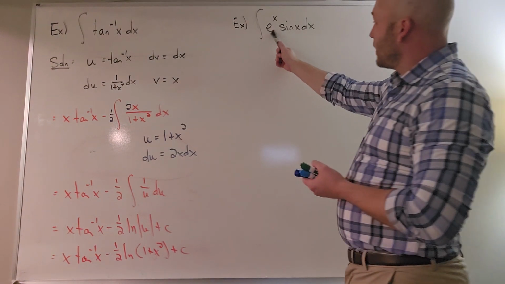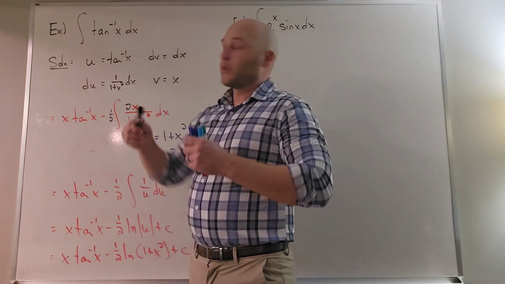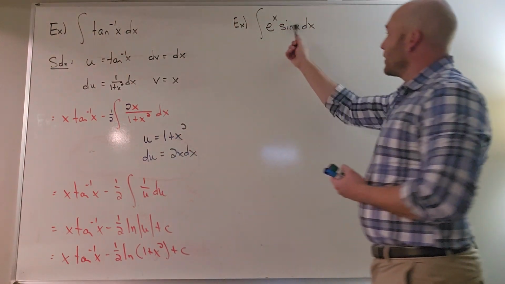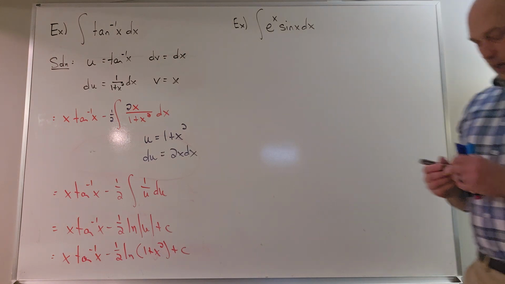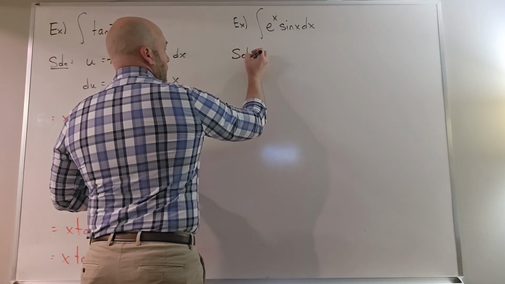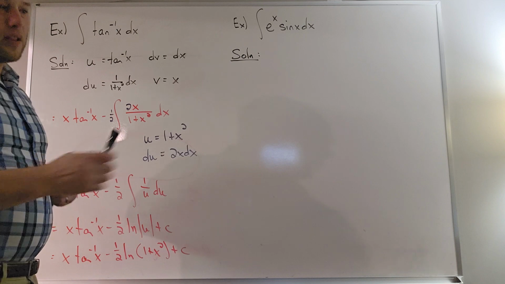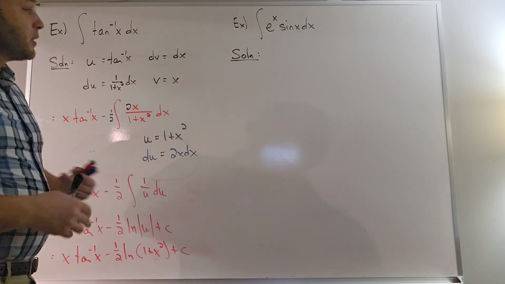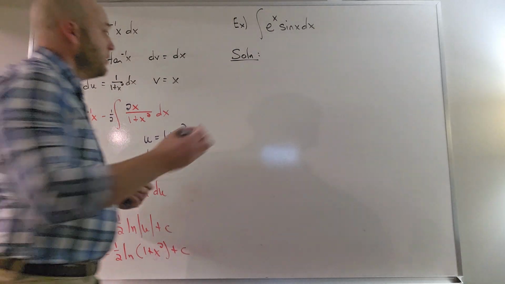This time I've got two distinct functions of x, whereas over here I had tan inverse. If you remember from that hierarchy, we had both exponentials and trig functions in the third item on the list. So let's just pick something and roll with it and see what happens.